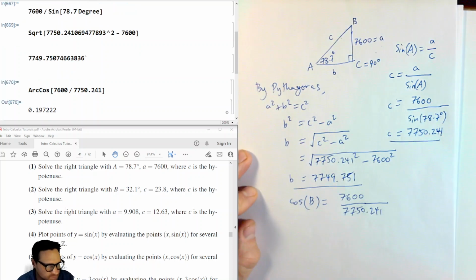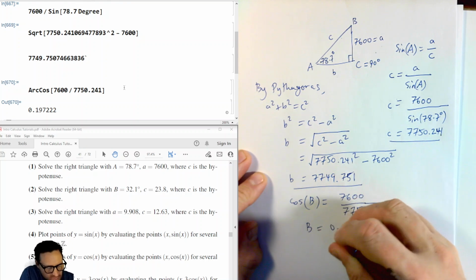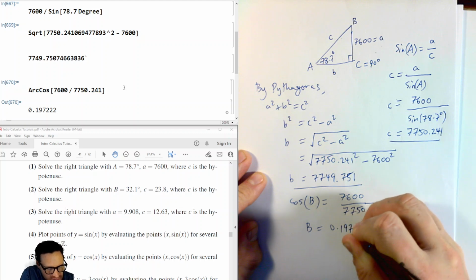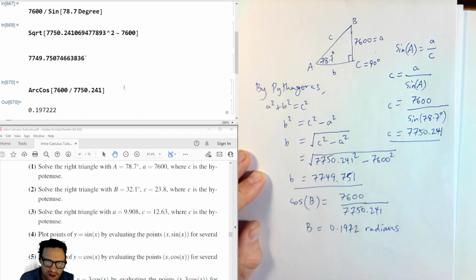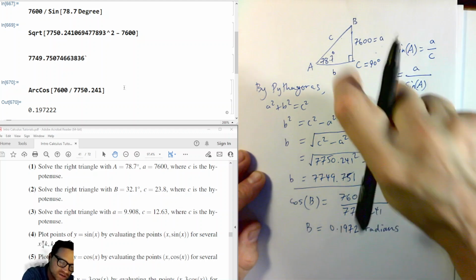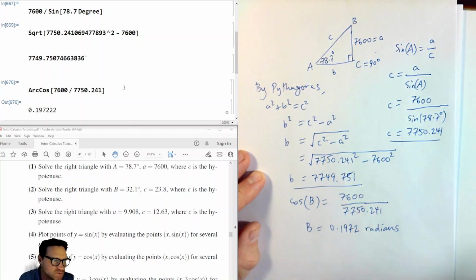And so I get this in radians. So B equals 0.1972. I'll just write radians here, but now we need to convert this to degrees because this angle right here is given in degrees. So I want this in degrees as well.